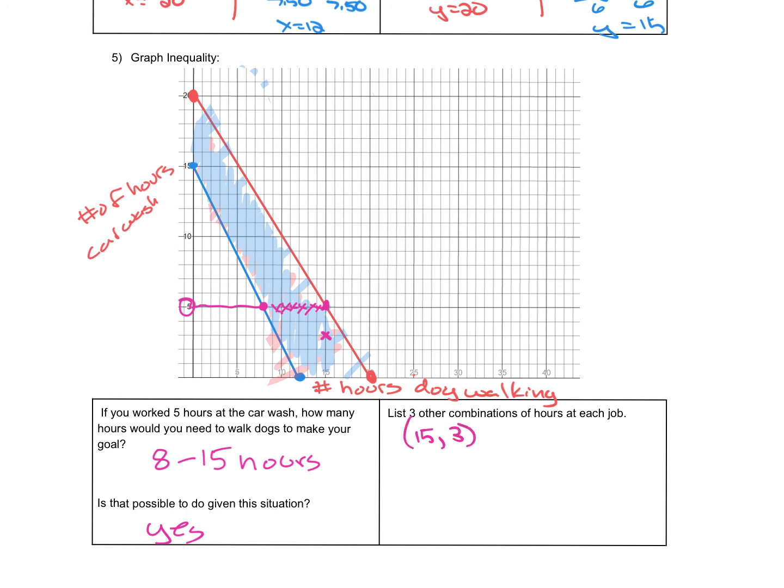If we jump up here a little bit higher, we could say 5, 11. We can even jump up here a little bit higher and just say maybe I don't want to work any hours walking a dog, but I could work 16, 17, 18 hours at our car wash. And really, we could have a lot of answers in there as long as they end up in that shaded region.